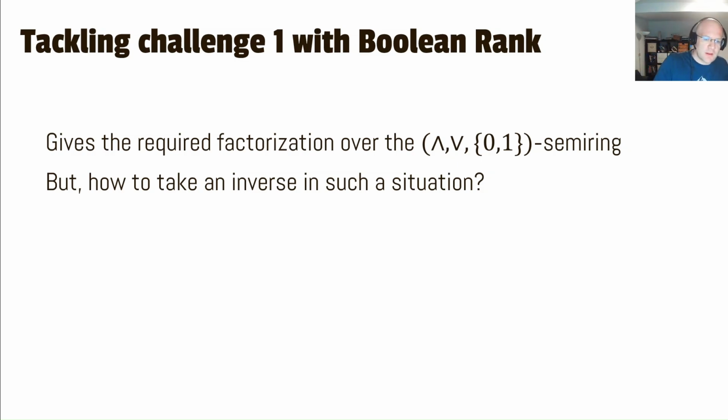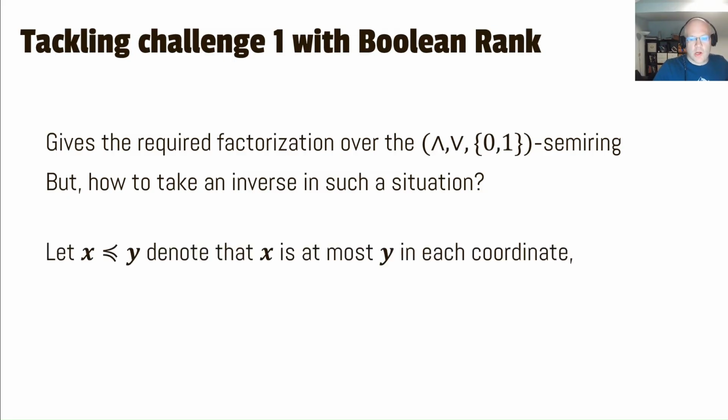But maybe things start to be a bit scary here, because in my previous approach at some moment I had this right inverse. So there was some inverse, and of course the property of semi-rings is that we don't have inverses. So what's going on here? And here is actually some non-trivial idea that was also needed in this paper to pull this off, which is some kind of inverse in semi-rings.